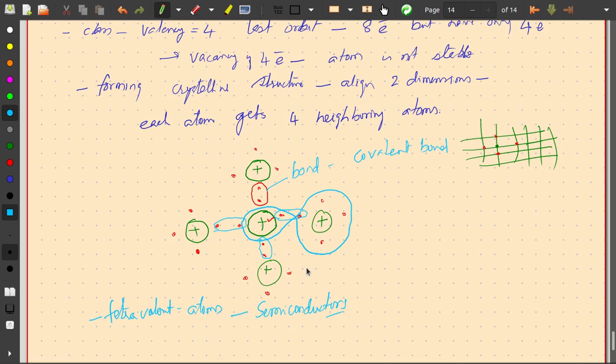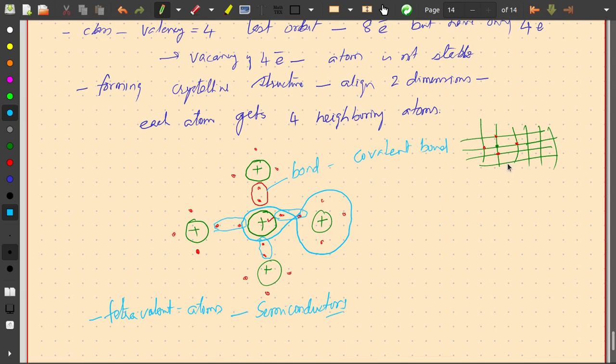So in short, semiconductors are materials or atoms with four valence electrons, and these four valence electrons are shared by four neighboring atoms, so that each atom will have a covalent bond across four neighboring atoms.